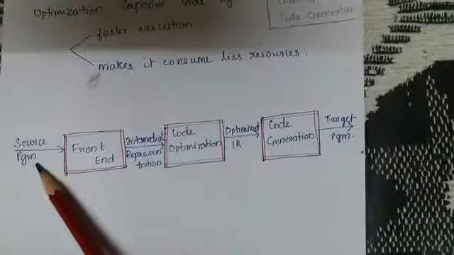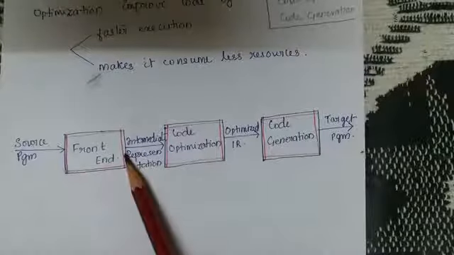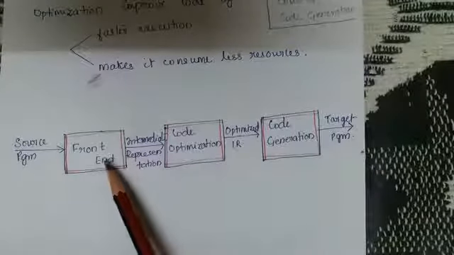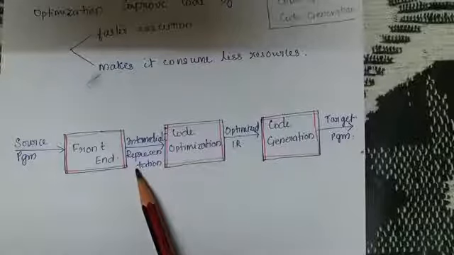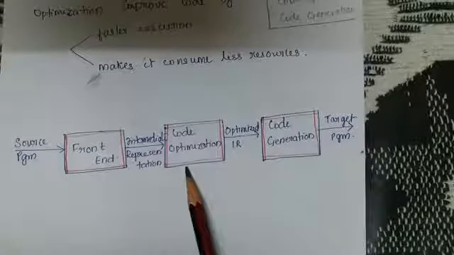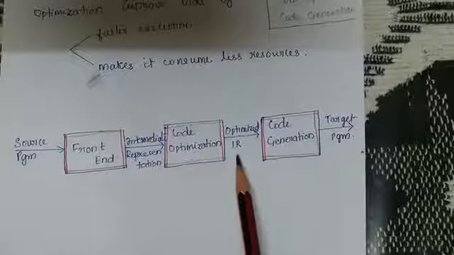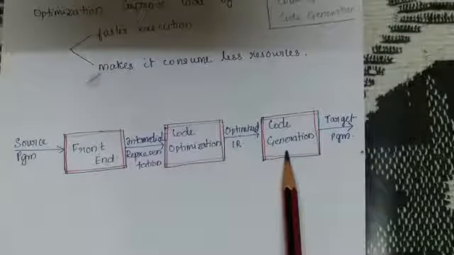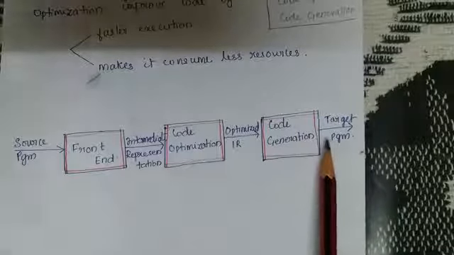The source program goes through this block, and we get the intermediate code, which is given to the code optimization. This code optimization will make it faster, and then the optimized code is given for the actual code generation, and we will get the target program.